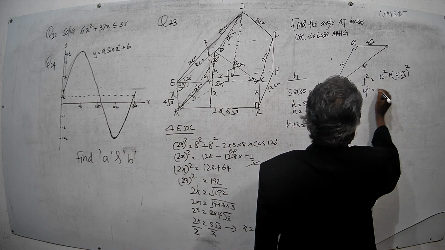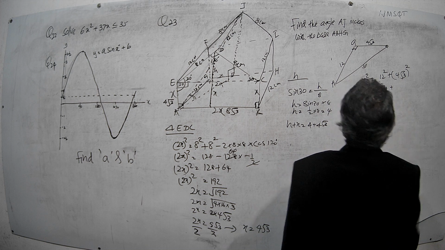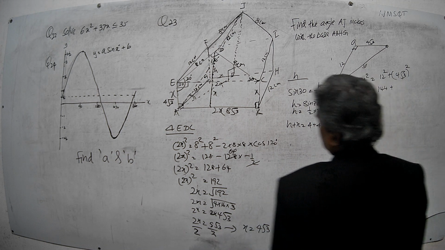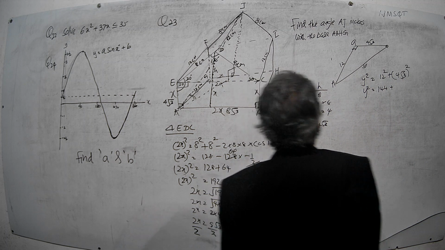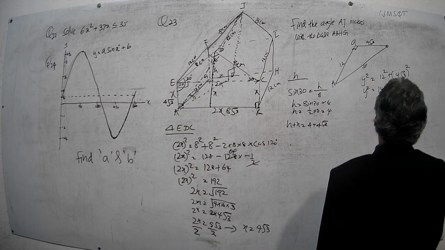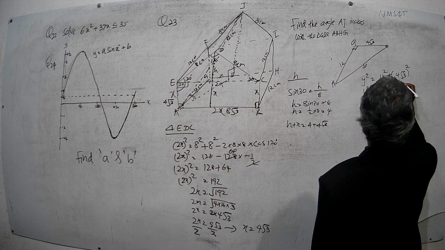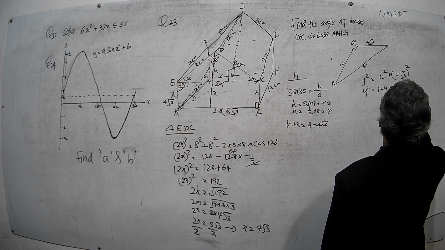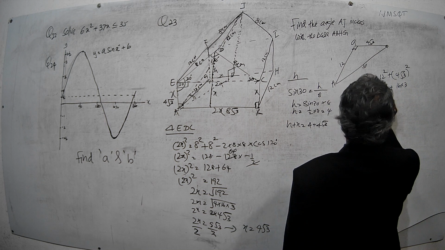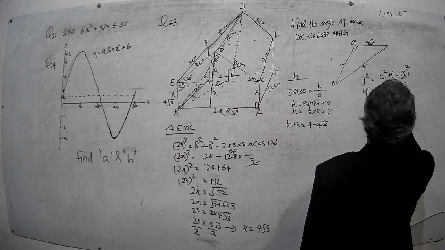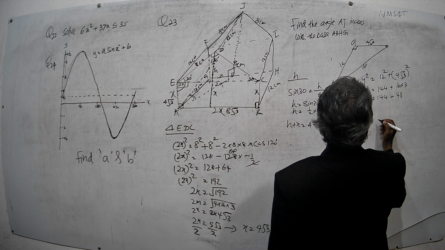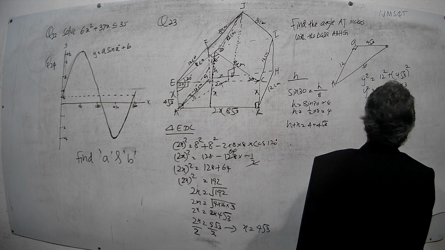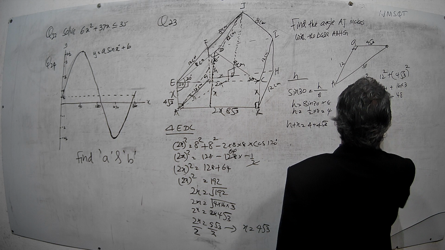Then y squared equals 144 plus 4 squared, 16, times square root 3 squared, which is 3. So altogether 144 plus 16 times 3, which is 48.